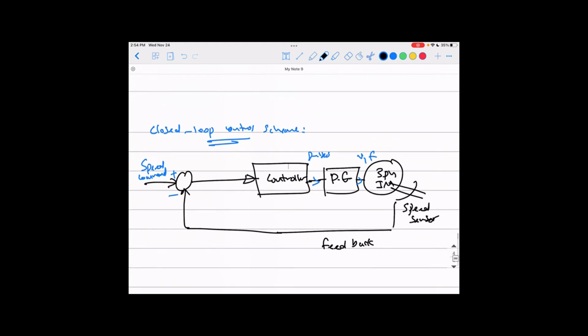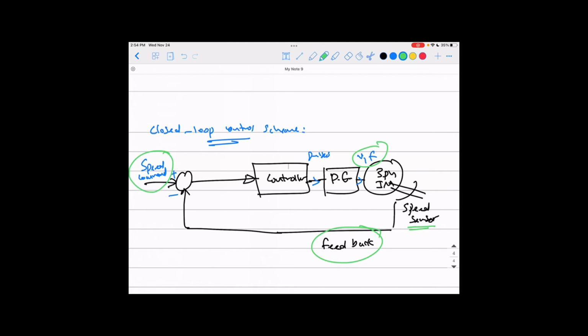So whenever the load changes, the speed changes with it, but because you're measuring the speed and feeding back the actual speed to your controller, the controller will track this change and keep updating the voltage and frequency going to the machine to keep your speed fixed at your command speed. Okay, guys?